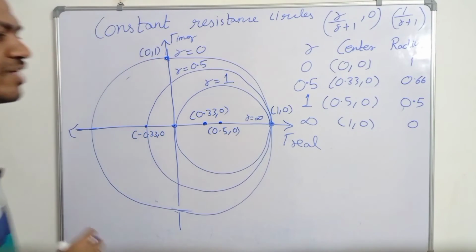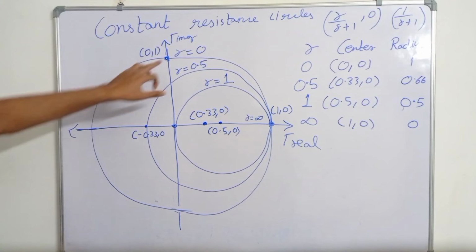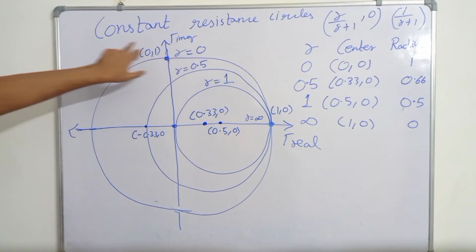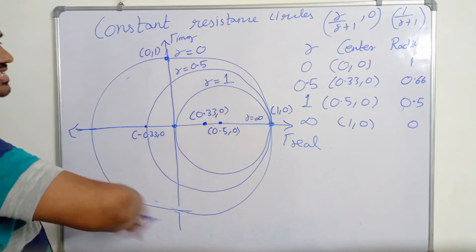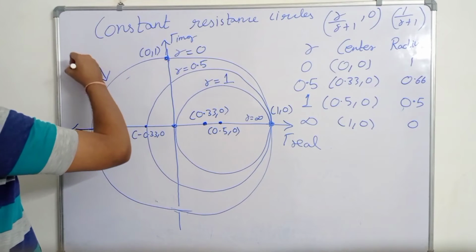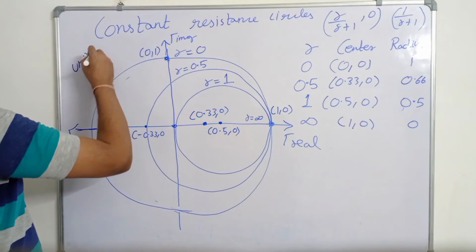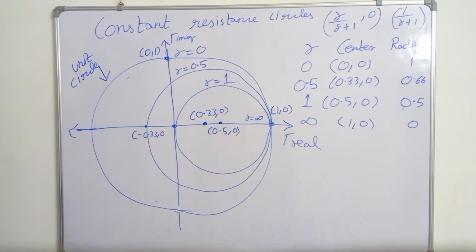So what you can observe from the constant resistance circles is that all the circles are contained inside this unit circle, the r equal to 0 circle, with center 0 comma 0 and radius 1.